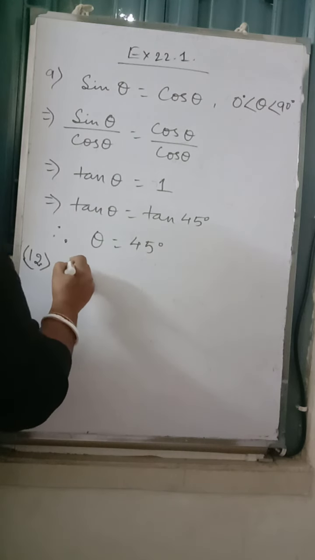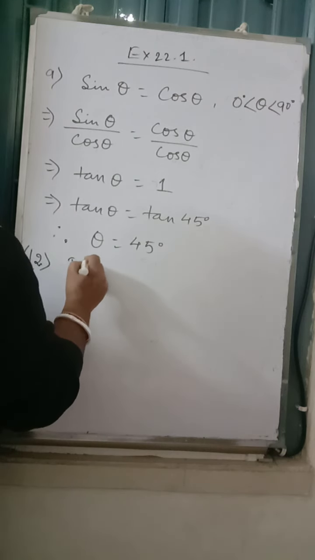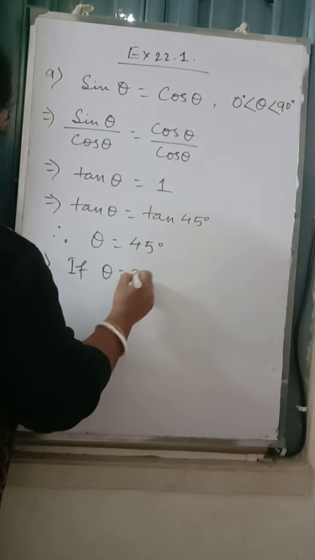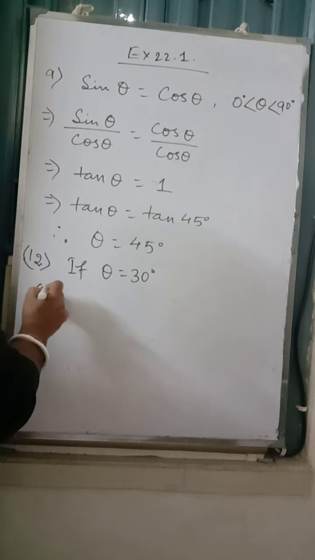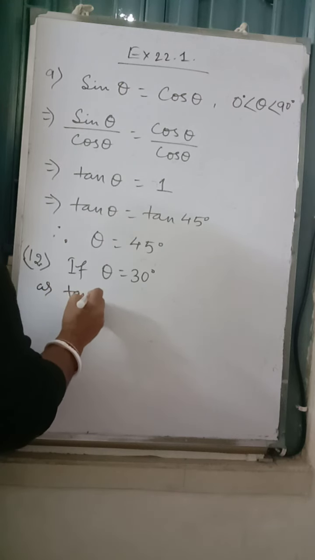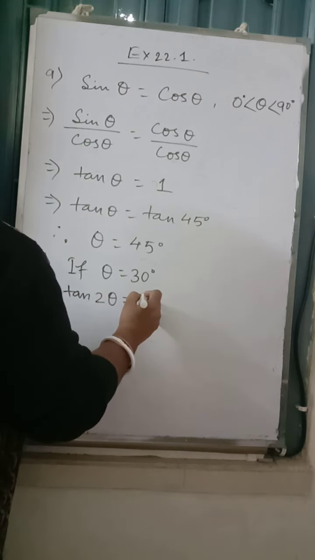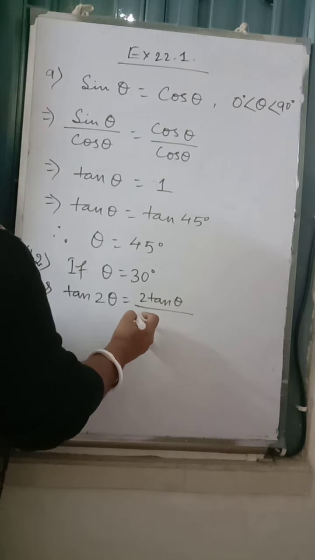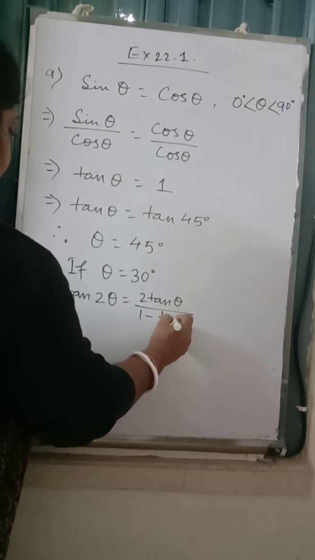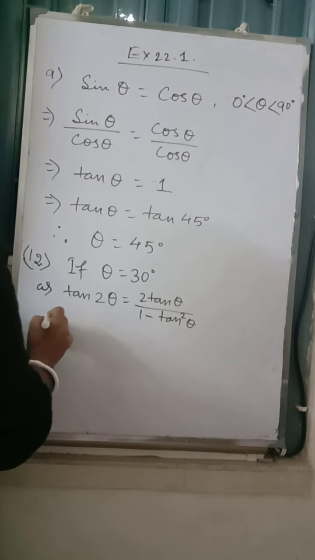Now here, given theta is equal to 30 degree, you have to find the values. Look at the first one. Tan 2 theta is equal to 2 tan theta by 1 minus tan square theta.